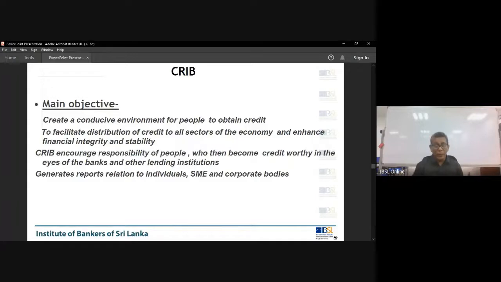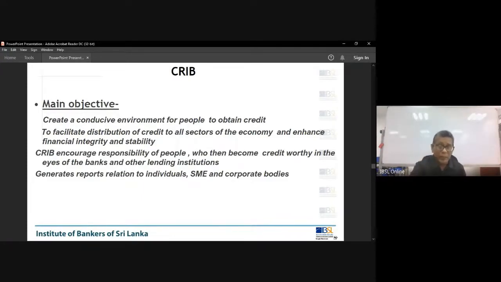And through the CRIB, sometimes we improve the integrity of the people who obtain the loans, so creating responsibility in the people and making them creditworthy. So that's one of the important areas as far as the credit objectives are concerned.